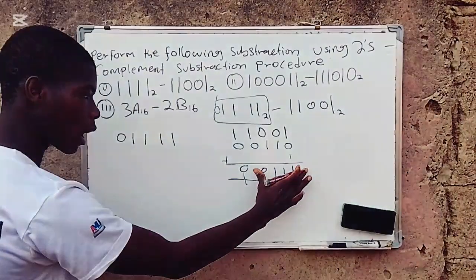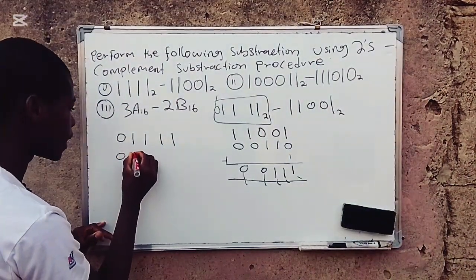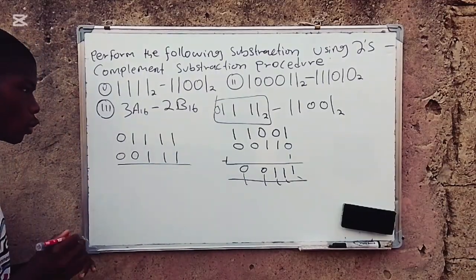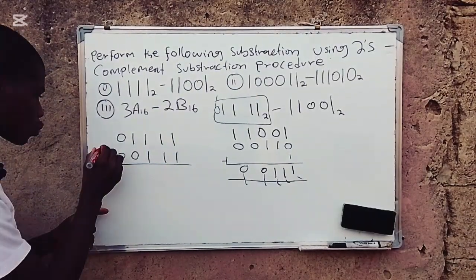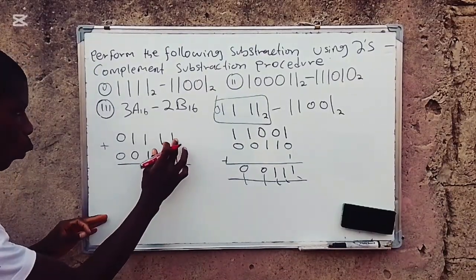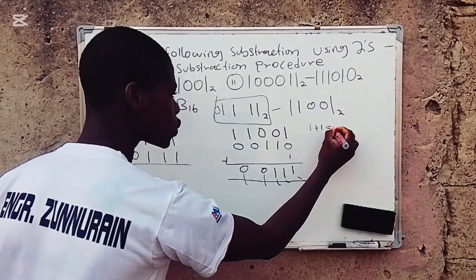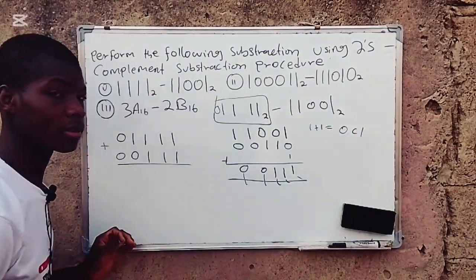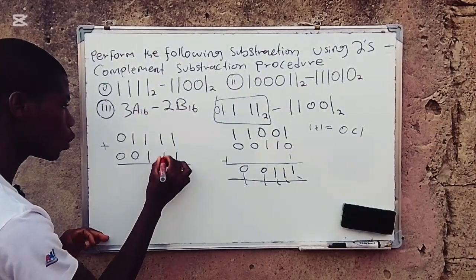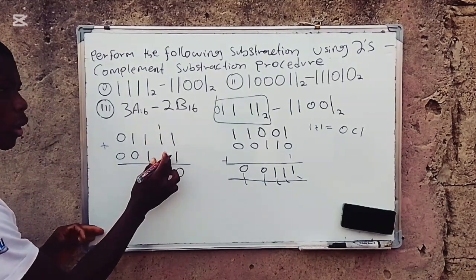Now I have to pick out the result that I found, which is 0, 0, 1, 1, 1. Am I going to add it or subtract? I will add it. 1 plus 1 is 0 with a carry of 1. Again 1 plus 1 is 0 with a carry of 1. What of 1 plus 1 plus 1?